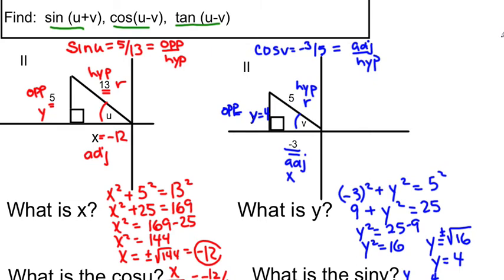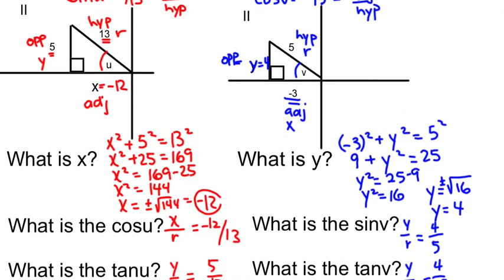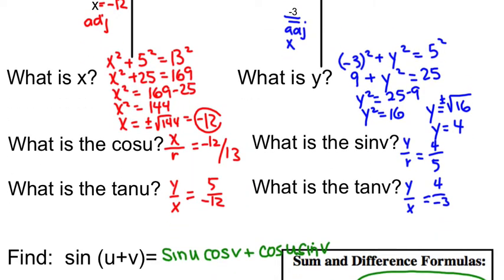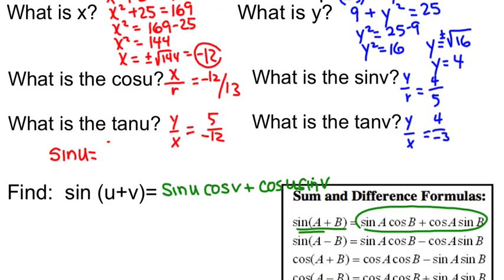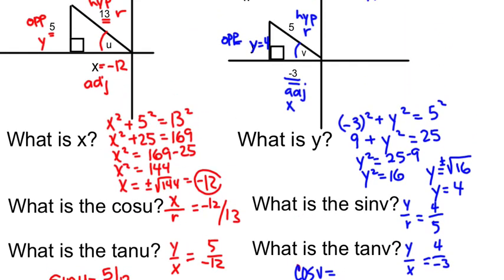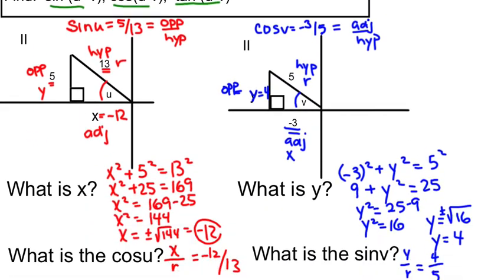So I'm just going to rewrite this down here so I can see it. The sine of u was given to us as 5/13. And the cosine of v was given to us as -3/5.